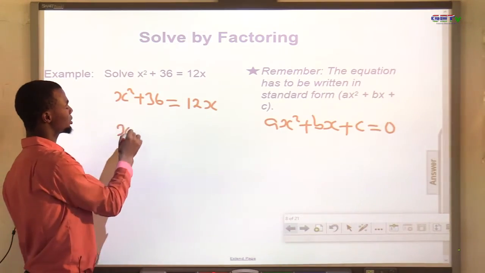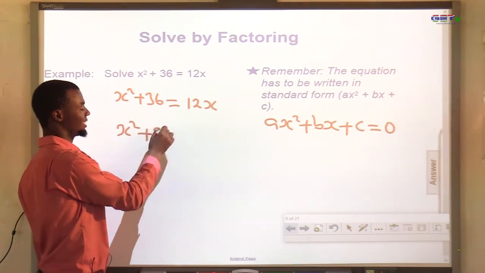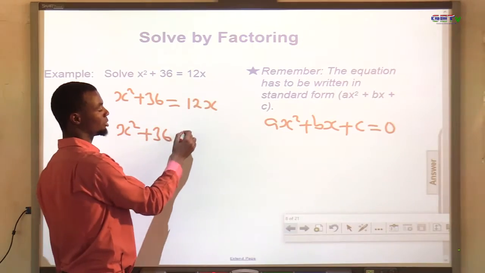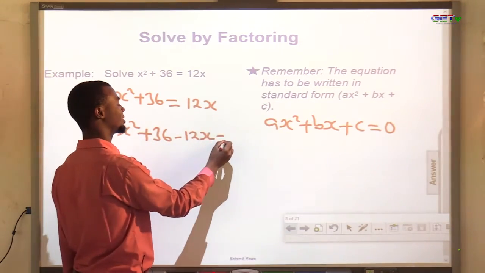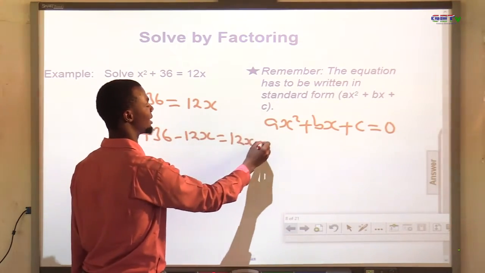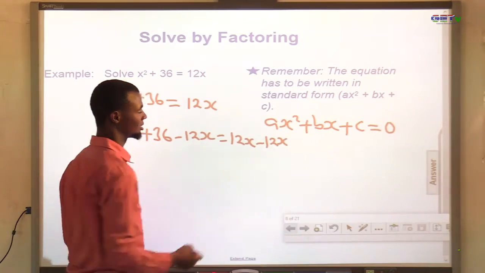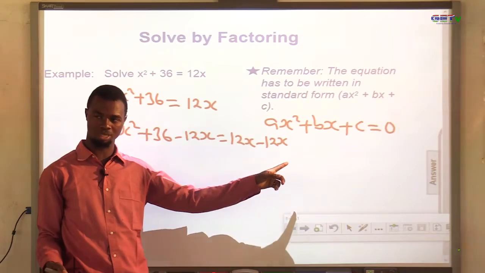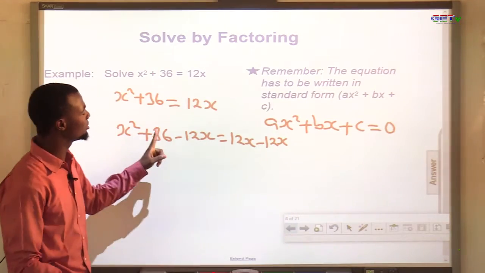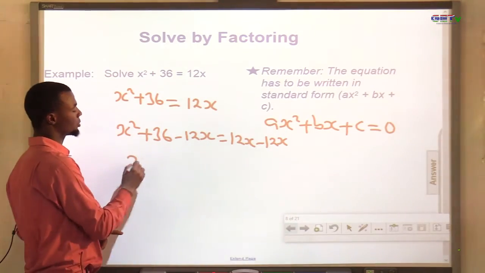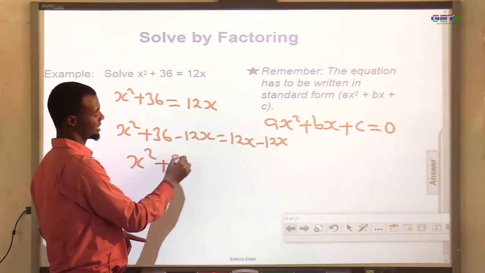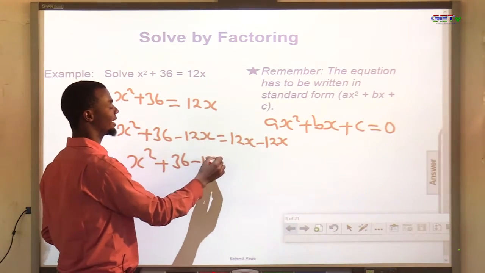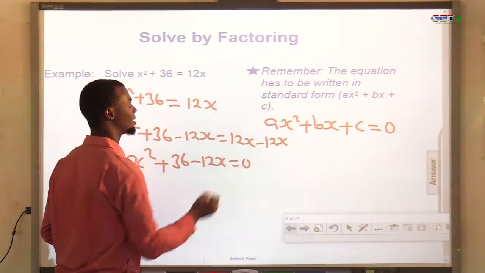So you will have x squared plus 36 minus 12x is equals to 12x minus 12x. You realize 12x minus 12x will be 0. Then we will have it now x squared plus 36 minus 12x is equals to 0 now.